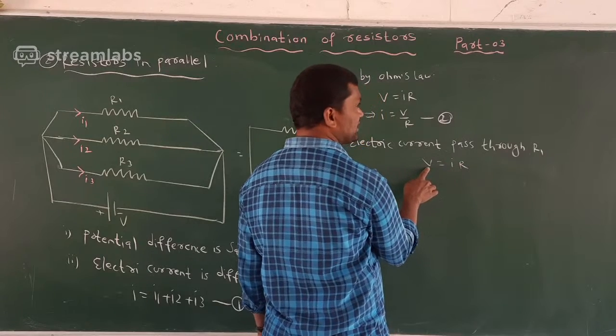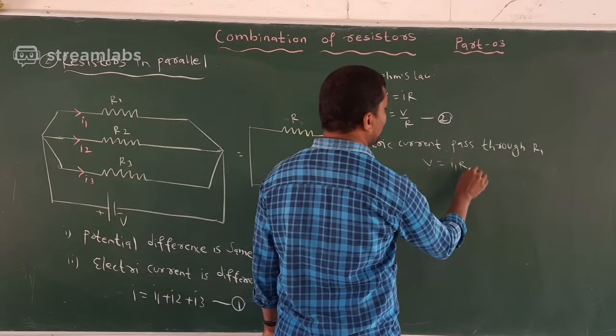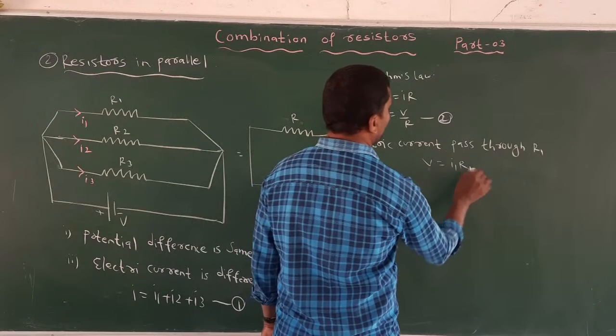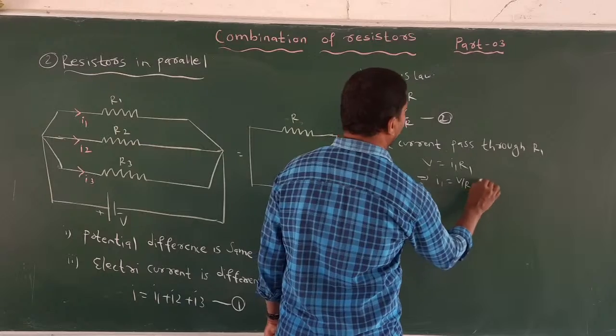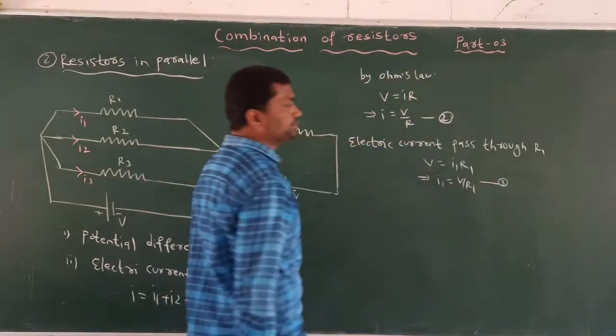The potential difference is the same, so the electric current will be I1 R1. So we can write the equation I1 is equal to V by R1, equation number 3.